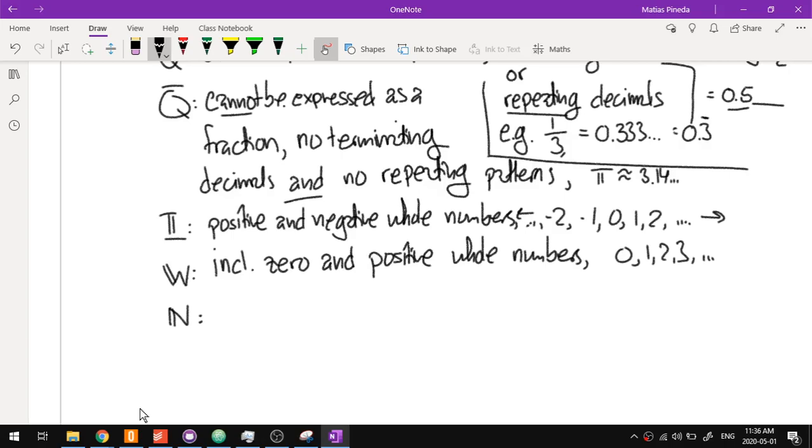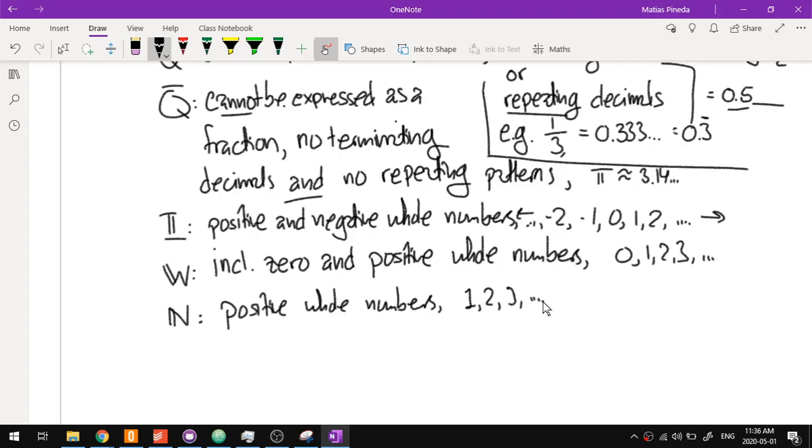So numbers we use to count things with. So 1, 2, 3, 4, 5. So it's going to be positive whole numbers. It does not include 0 anymore. So 1, 2, 3, and so on.